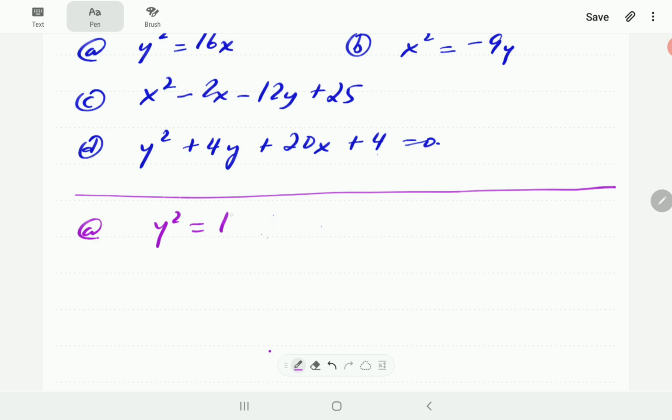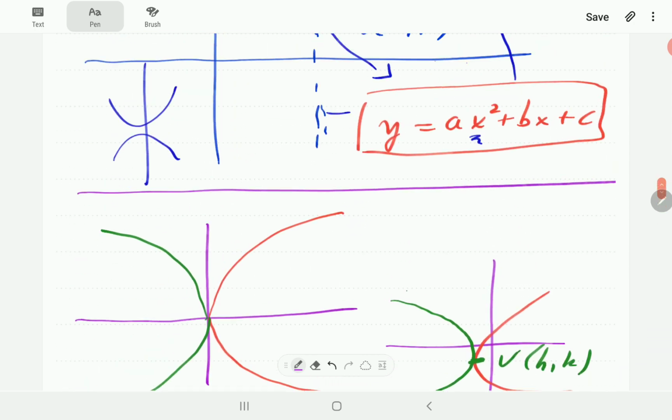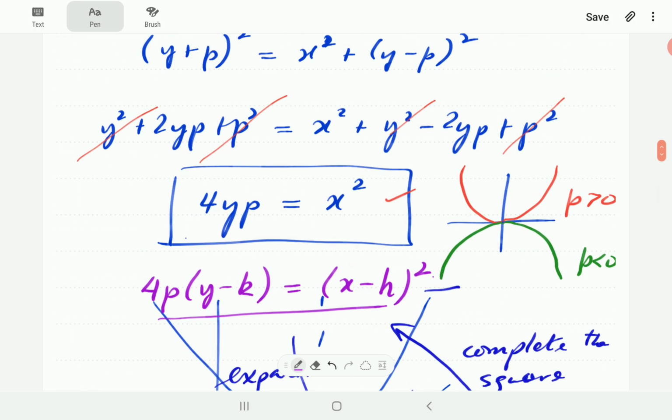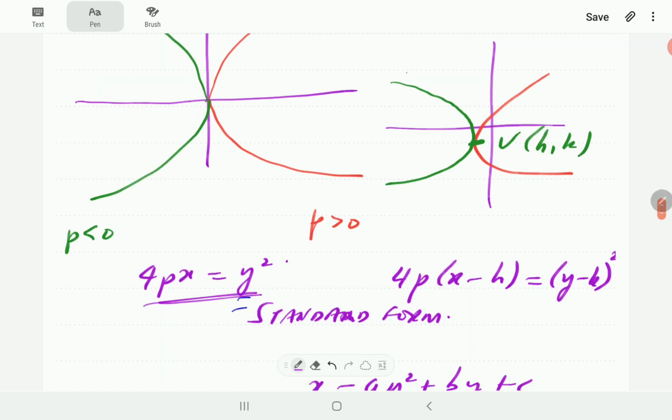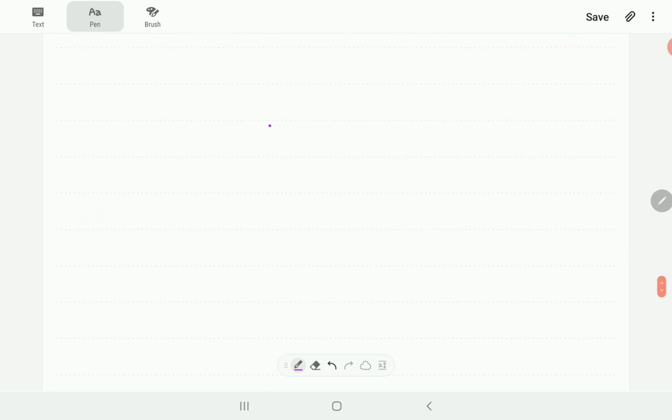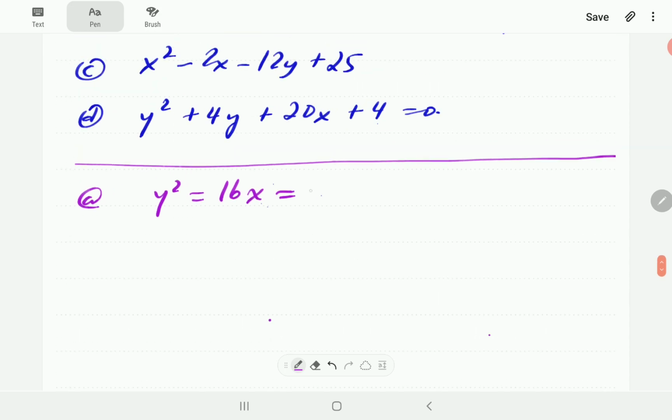We have y squared equals 16x. We want to write it in the standard form, y squared equals 4px. So if we write 16 as 4 times 4, it means p is 4, and p is positive.